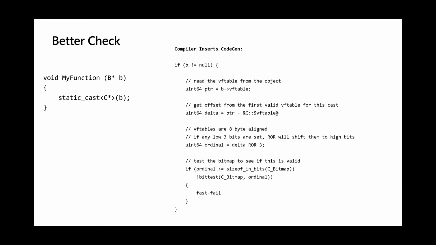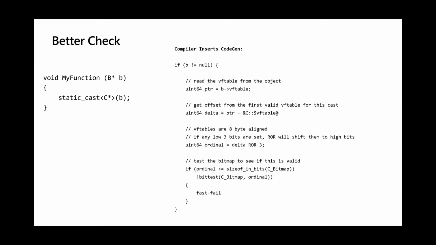Okay, so there's a lot of code here now, but basically this is just the improved check where rather than having a big if statement that loops through every single possible vtable to check for validity, instead what we're doing is we compute the delta between the base vtable and the object's vtable at runtime, shift out some bits to compute an index. We do a range check to make sure that that index is actually in bounds of the bitmap.